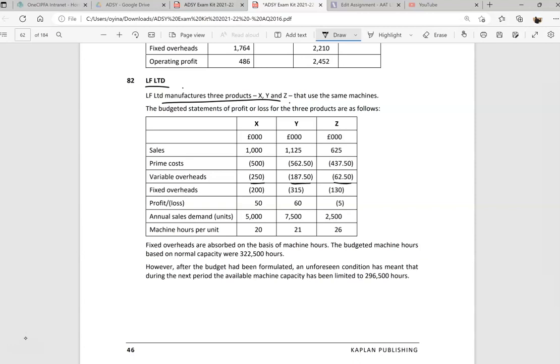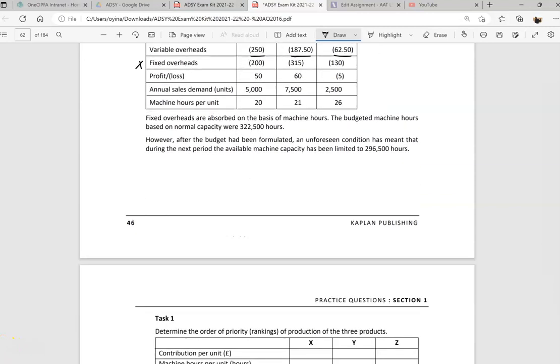I'm not interested in the fixed overhead, although in terms of finding out my contribution, we might need it depending on the information you get. Sometimes questions want you to continue and work out some kind of profitability. But for now, I will work out my contribution for X, Y, and Z. Just do that first.